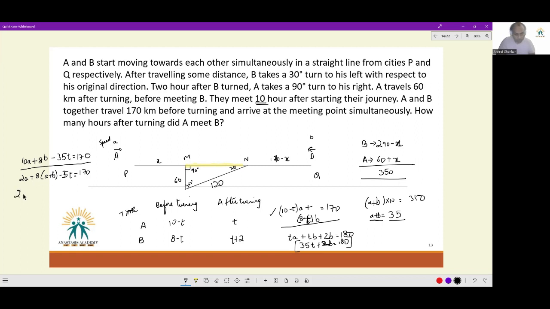So 2A plus 280 minus 35T equal to 170. 35T minus 2A equal to 110. Now I have this.